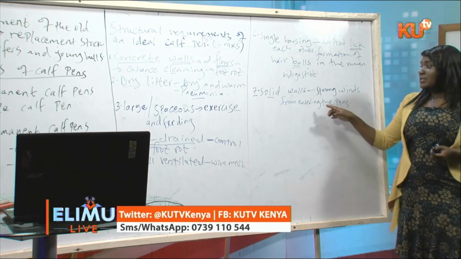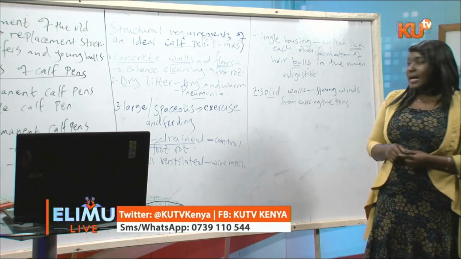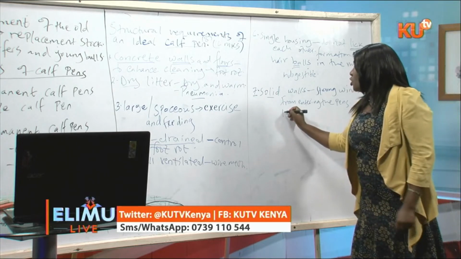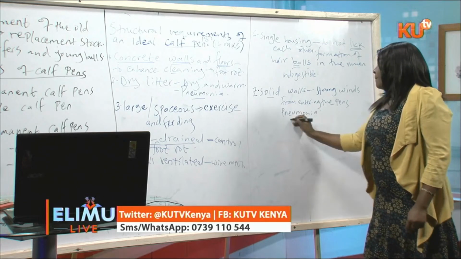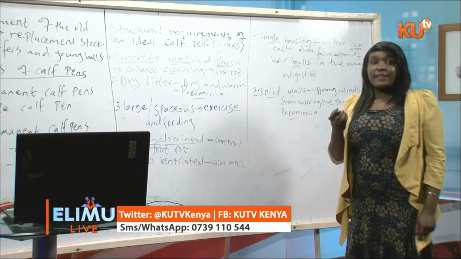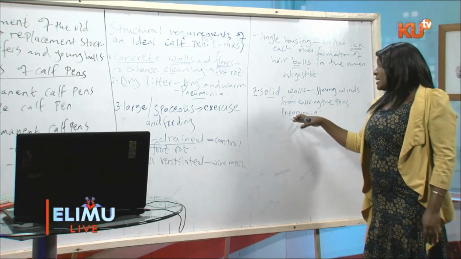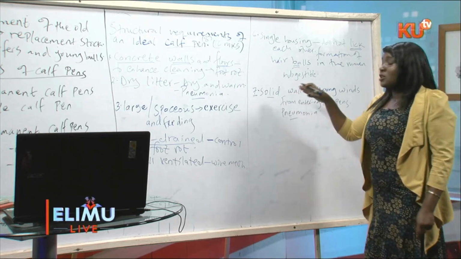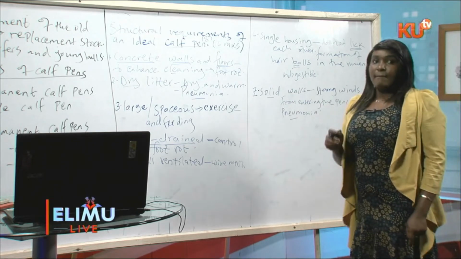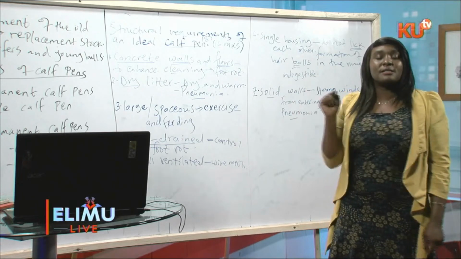This is because these strong winds can lead to a condition or a disease called pneumonia. Yeah, learners, even animals get pneumonia. So we need to prevent these animals from getting pneumonia by constructing solid walls. But I'm not saying that our calf pen should have solid walls on the 4 sides.